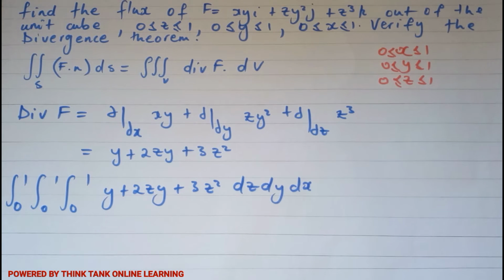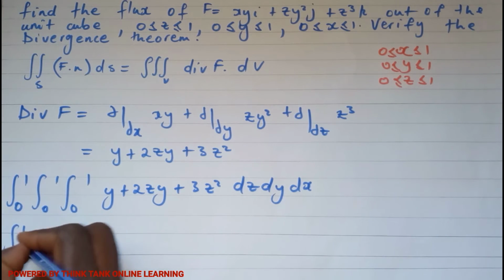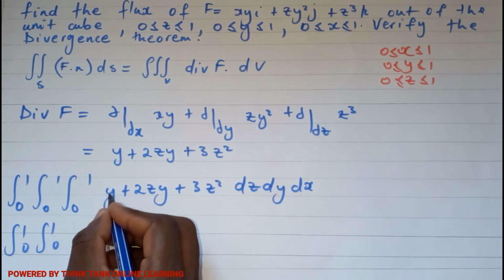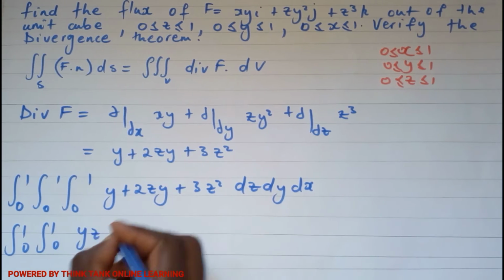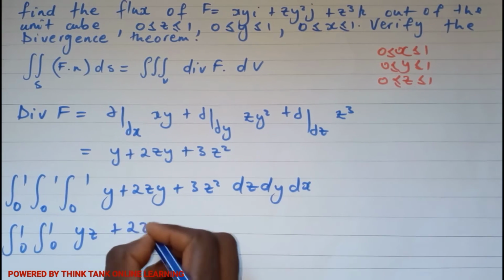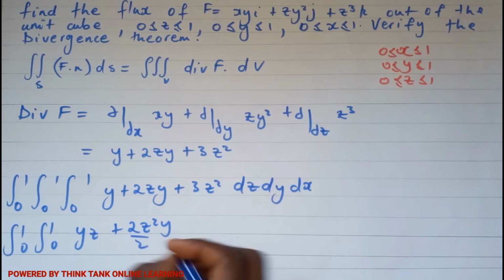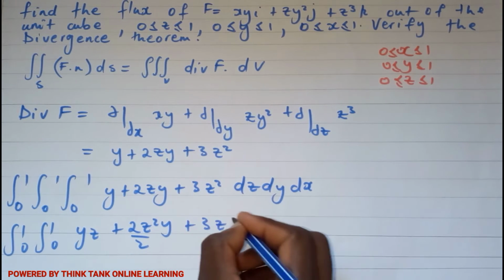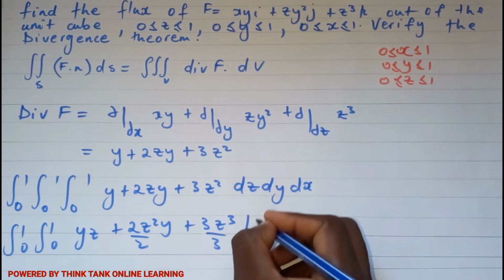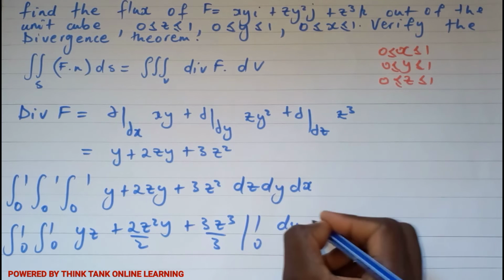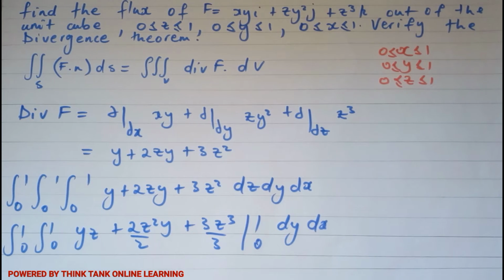After that, we integrate with respect to z. Now y is just a constant, so we're going to have yz, plus 2z squared y over 2, plus 3z to the power 3 over 3, with limits 0 to 1, dy dx. Here we say upper bound minus lower bound.